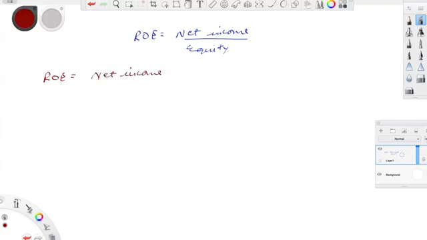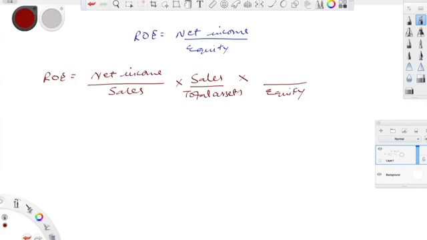We'll divide it by sales, and at the same time multiply it by sales. Similarly, for equity, we'll multiply it by total assets, and we'll divide it also by total assets. Right. So basically, nothing is changing in the formula, just how you are expressing it.